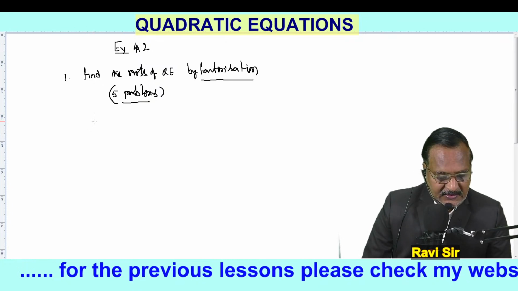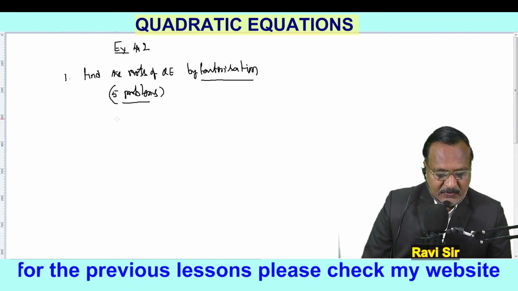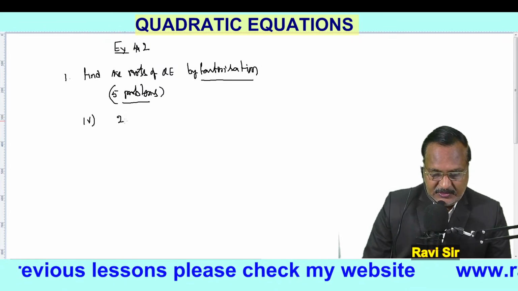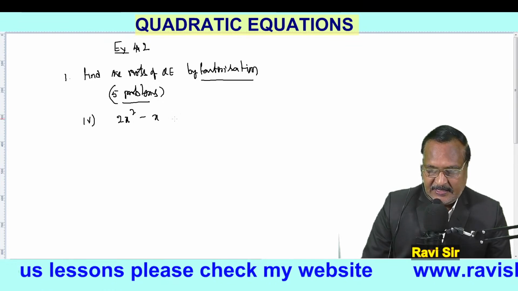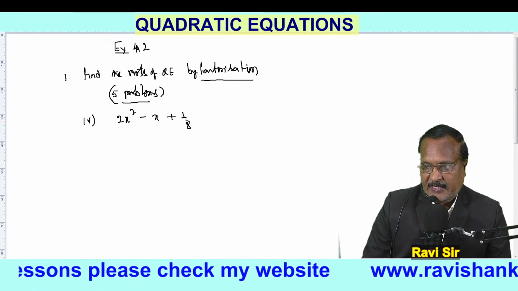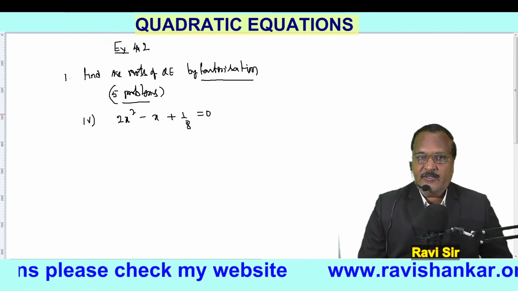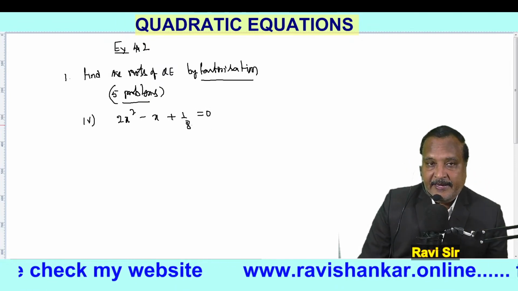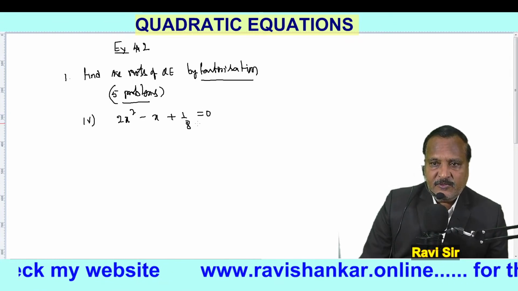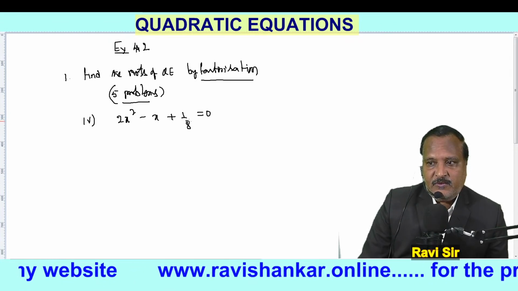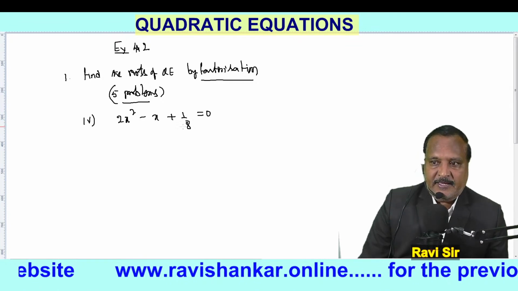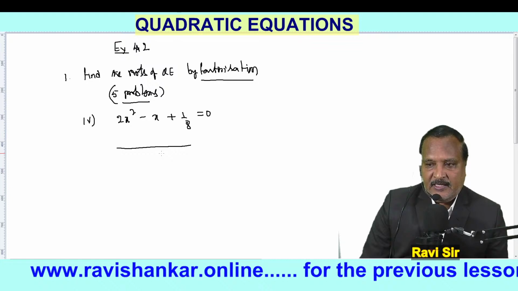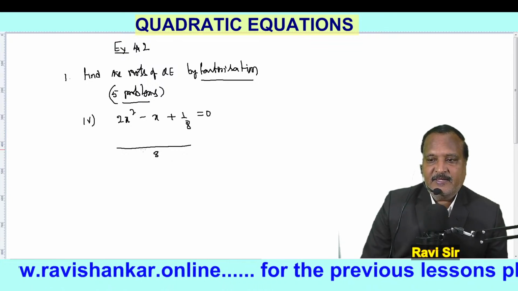In this, the fourth bit is like this: 2x square minus x plus 1 by 8 is equal to 0. This is not completely in the quadratic form, 1 by 8 is there. You can do it with 1 by 8 also, but I advise you to remove this 1 by 8. Bring it to the standard form, it will be easy for you.